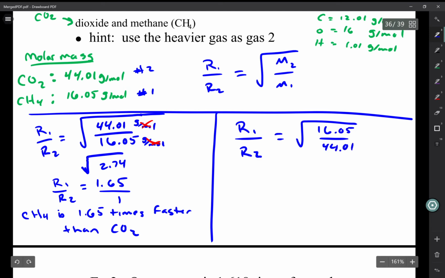If you do 16.05 divided by 44.01, that gets you 0.365. We'll round up here. All right, let's take the square root of that.